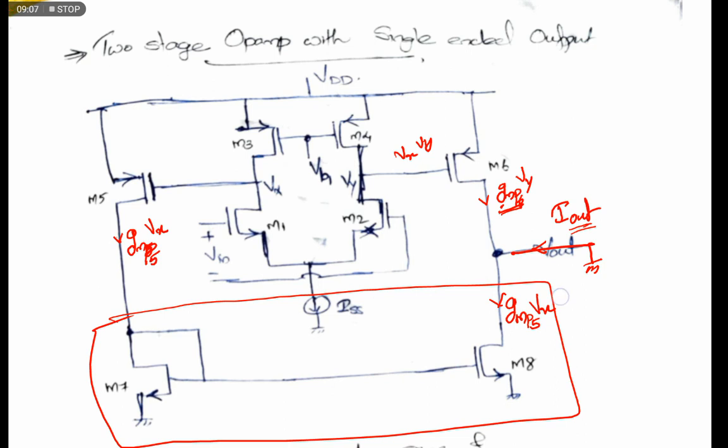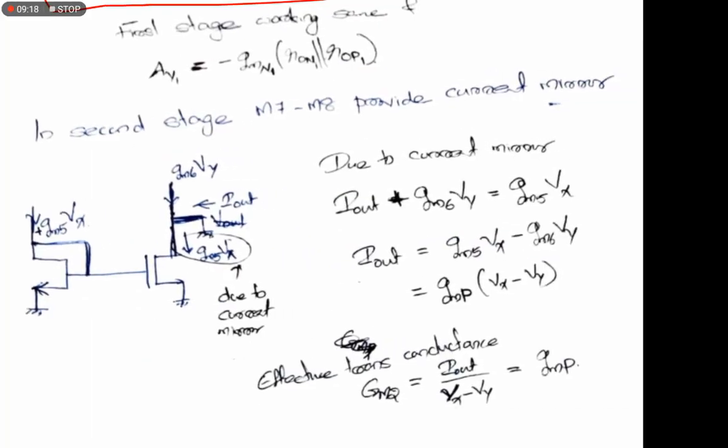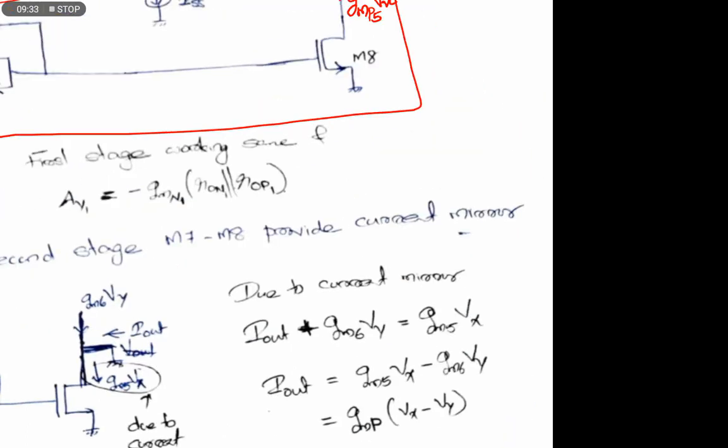I out is the sum of these two, and we can rewrite I out as GM5 Vx minus GM6 Vy. I think there is a mistake here also.